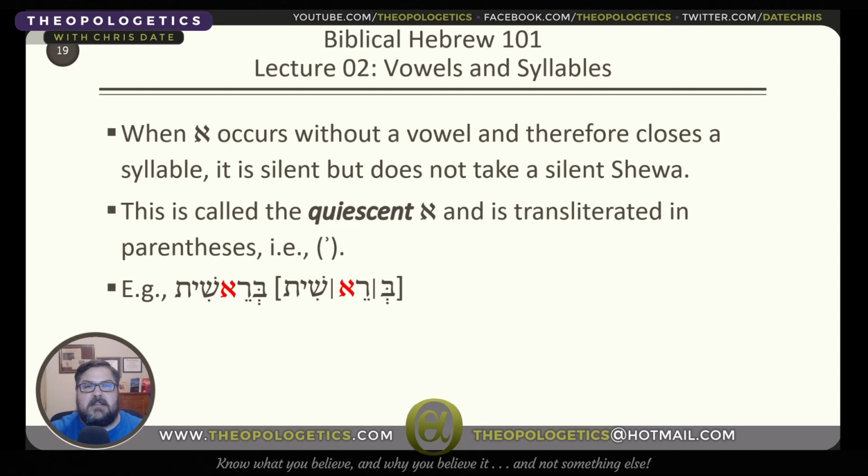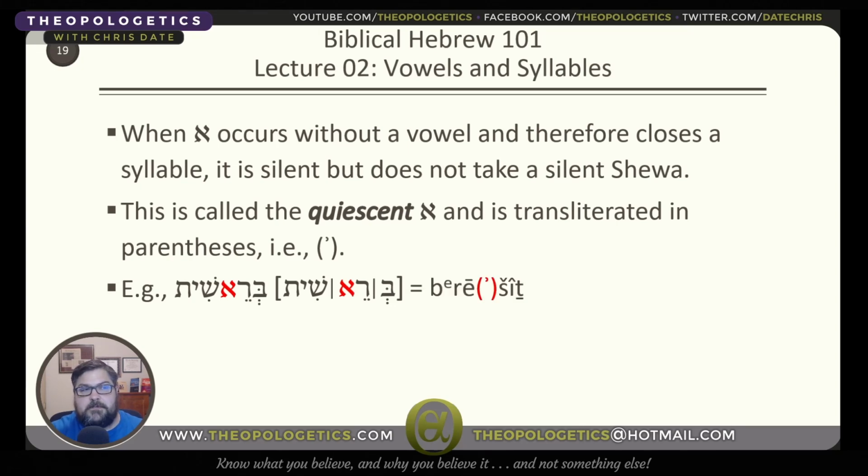The pretonic, in this case second syllable is the syllable re, and the tonic or final syllable is sheet. B, re, sheet. And that middle syllable, re, ends in an aleph, which is a consonant, and therefore closes the syllable, but it is silent, and there is no shava under it. So this is the quiescent aleph.